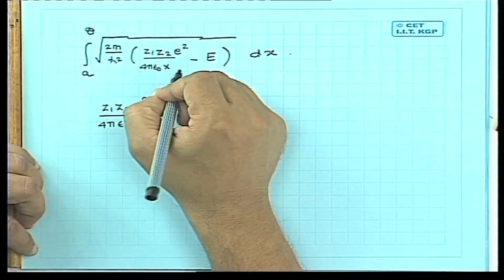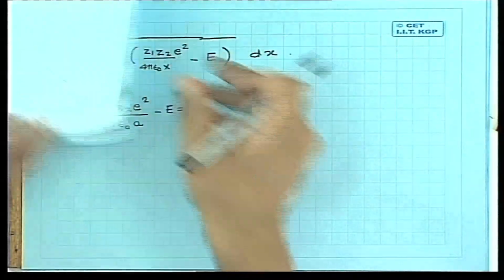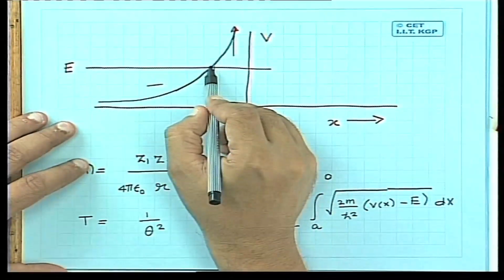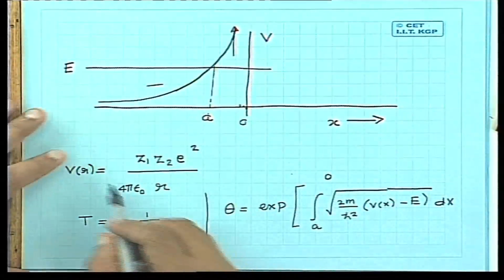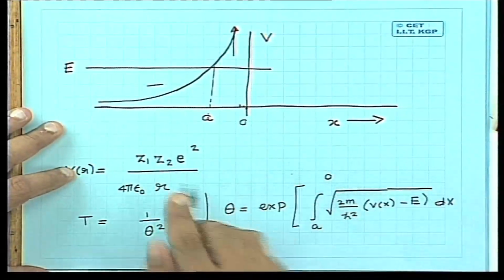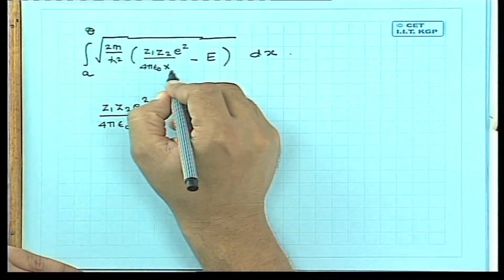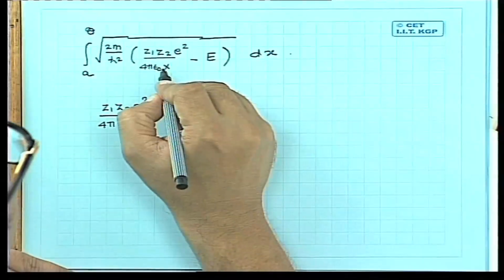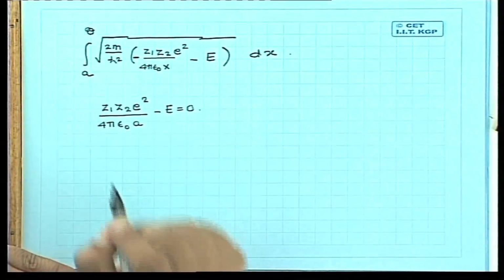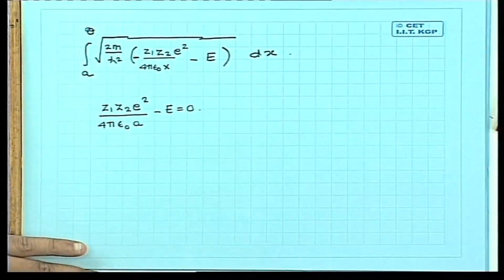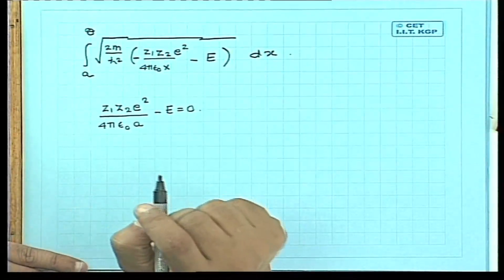We should keep in mind that we are looking for the negative solution. There will be two such classical turning points, and the potential is 1 by the mod of x. So this is actually the mod of x which comes in here, and x is negative and the potential is positive.